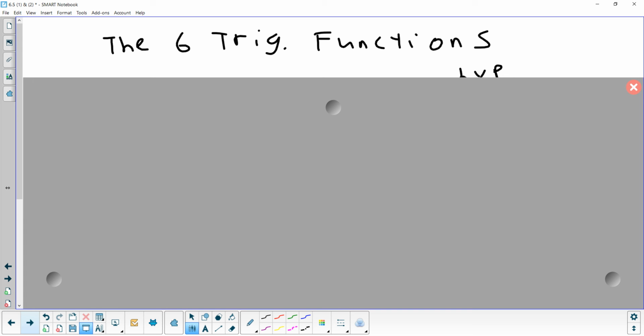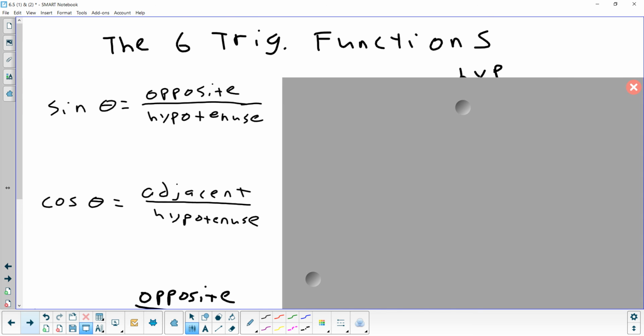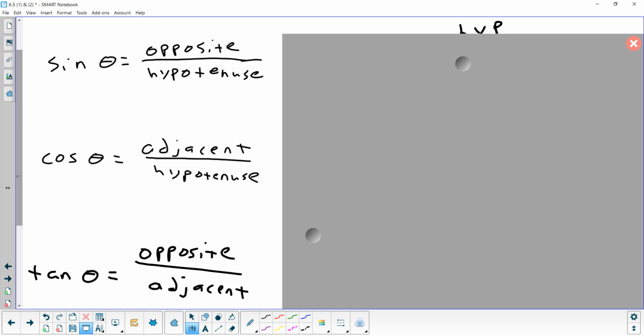Well, I think everybody knows what hypotenuse means. But then I'll explain what opposite and adjacent mean. These are all lengths. Okay. When I say opposite, I mean length of the opposite. And when I say hypotenuse, I mean length of the hypotenuse.